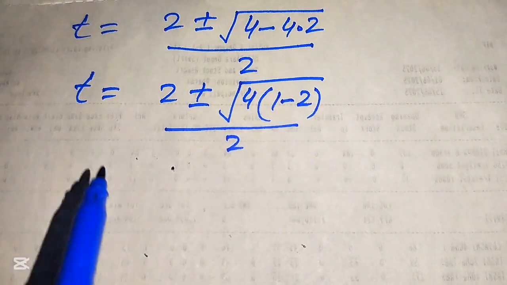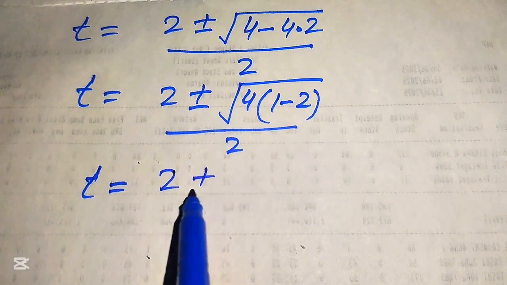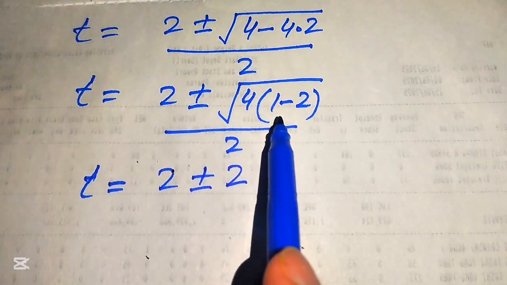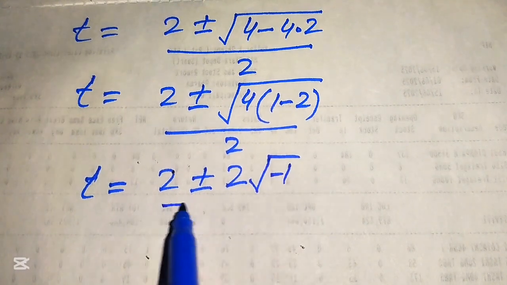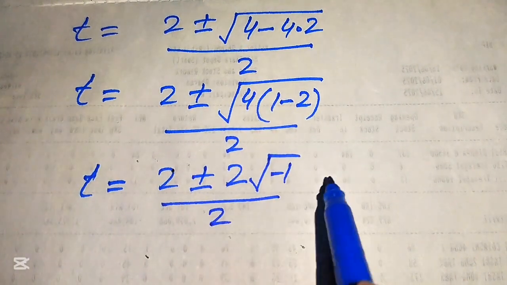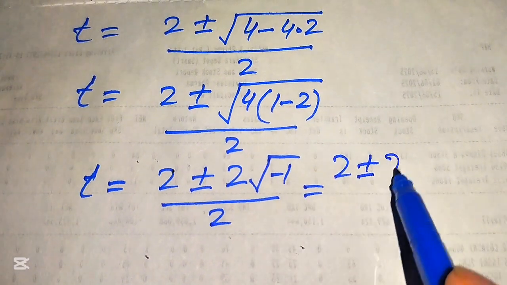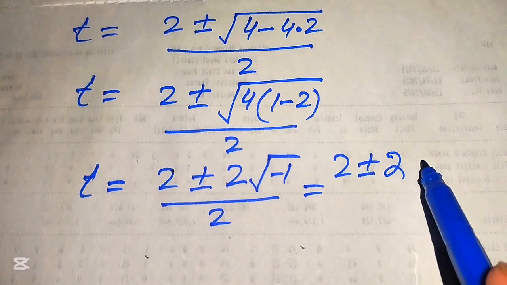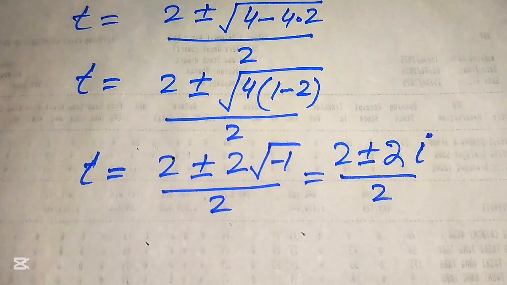In the next step, t is equal to 2 plus minus, here we know that square root of 4 is equal to 2, and 1 minus 2 is equal to square root of -1, divided by 2. And this is equal to 2 plus minus 2 times, here we know that square root of -1 equals iota, divided by 2.